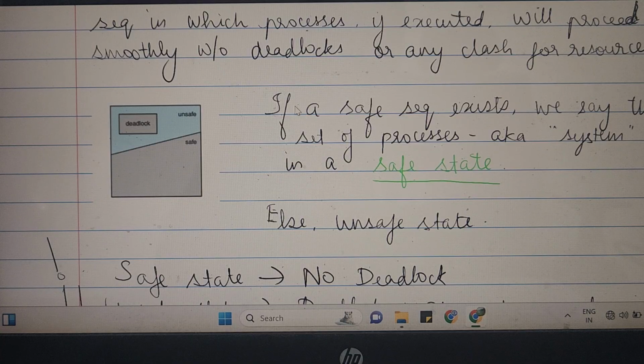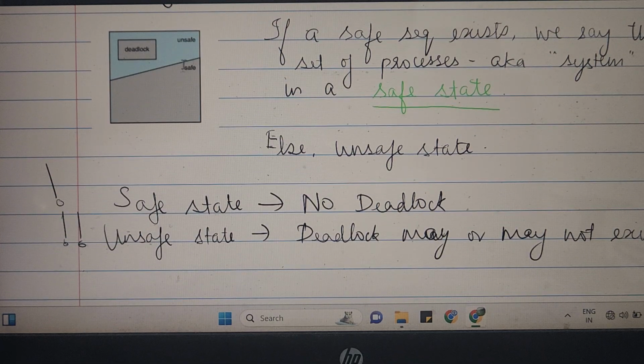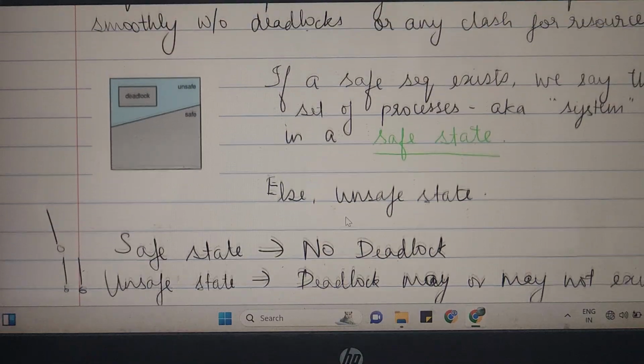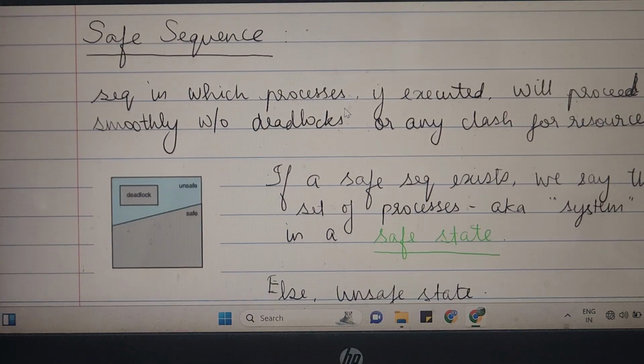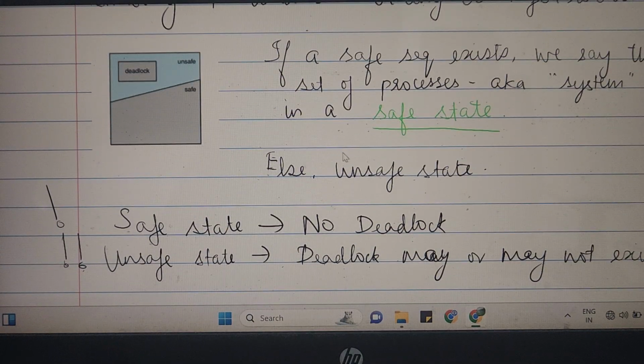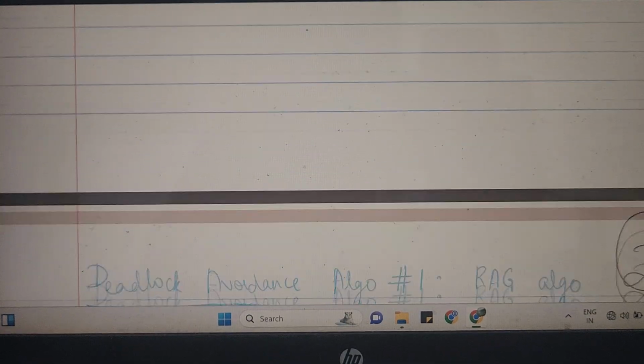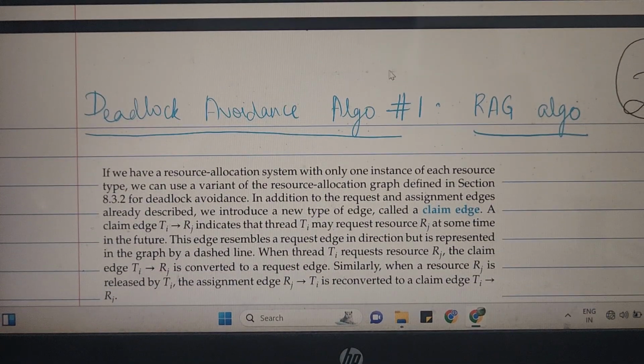But if there are multiple instances and there is a cycle, there may or may not be a deadlock. That kind of thing is what is happening here. You have a safe sequence, it means no deadlock. You do not have a safe sequence, it is an unsafe state, but that may or may not be a deadlock. So this is just some prerequisite terminology: safe sequence, safe state and unsafe state. With that out of the way, we will now be moving to a couple of algorithms for deadlock avoidance.